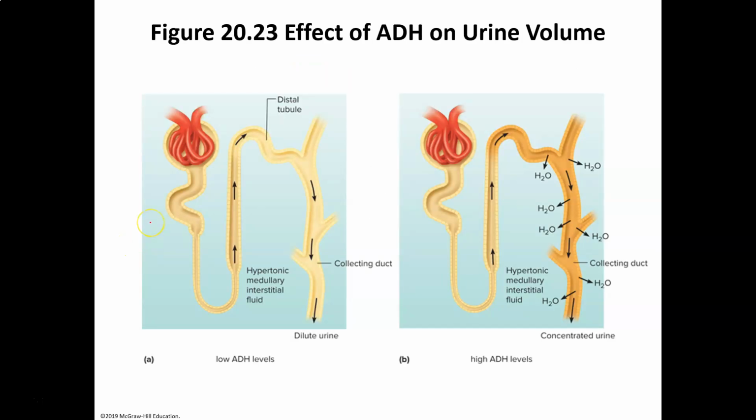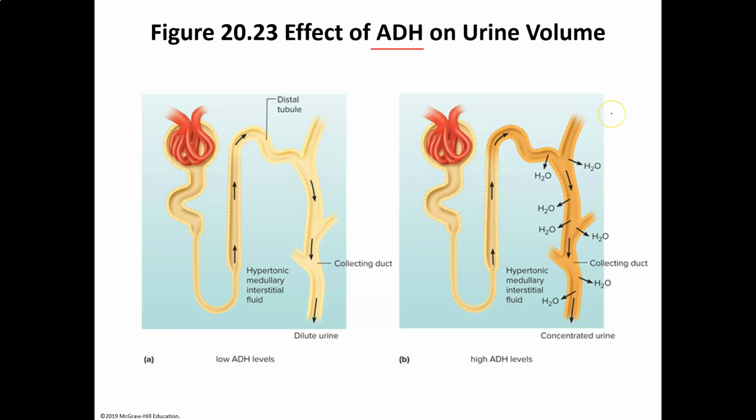So, here's our generalized nephron from the glomerulus, proximal tubule, nephron loop, distal tubule. All right, ADH, anti-diuretic hormone, has its primary effect, and it is released from the posterior pituitary.